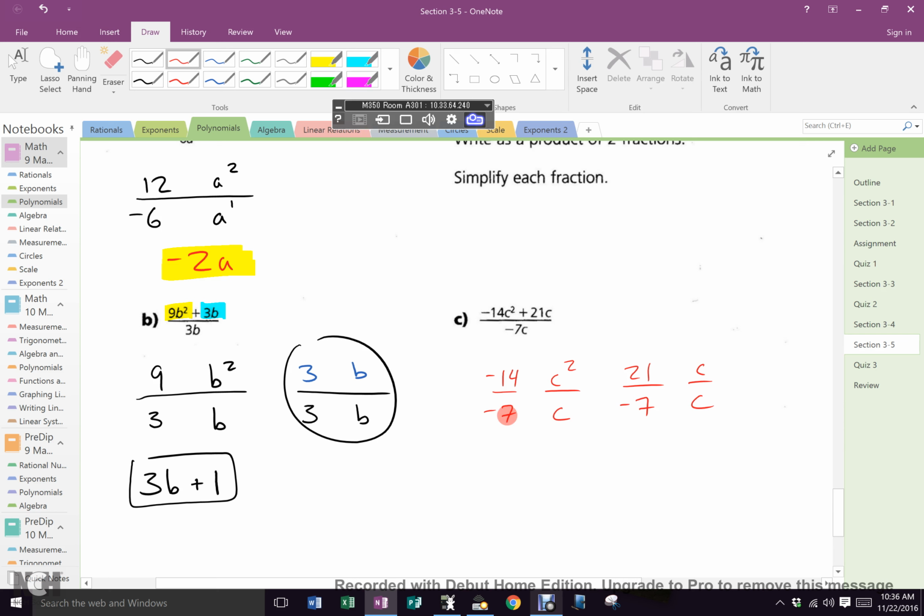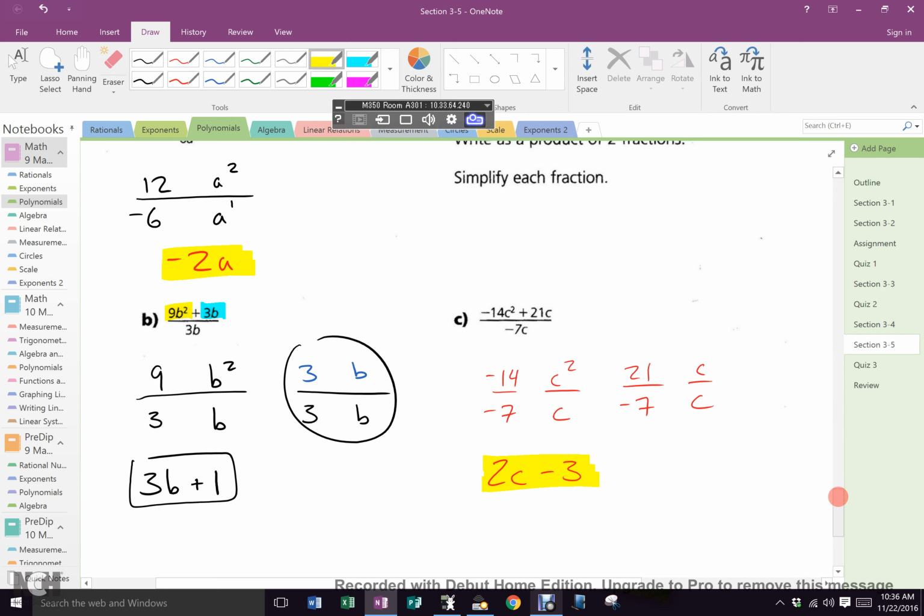Negative 14 divided by negative 7 is positive 2. C squared divided by c is c. 21 divided by 7 is negative 3. C divided by c is 1. Do we write it? No. Done. Boom.